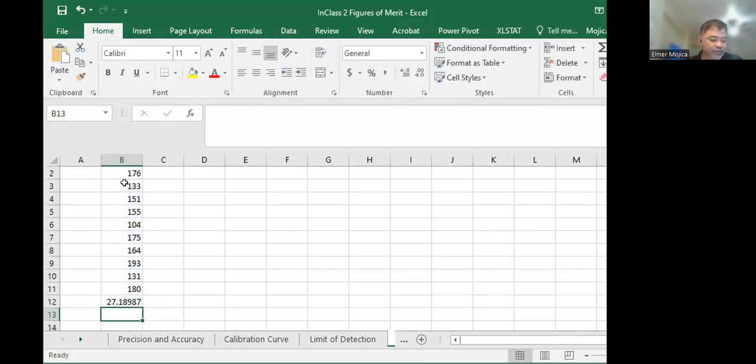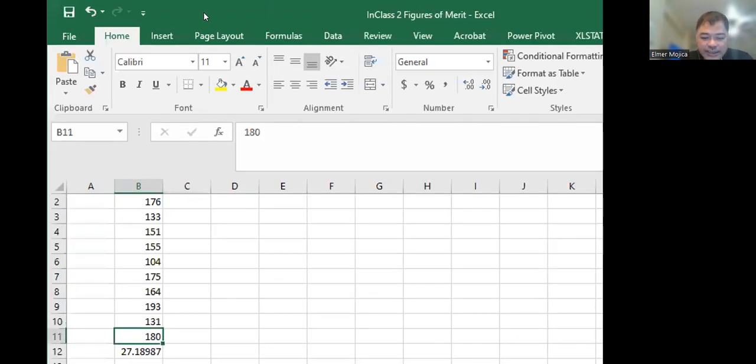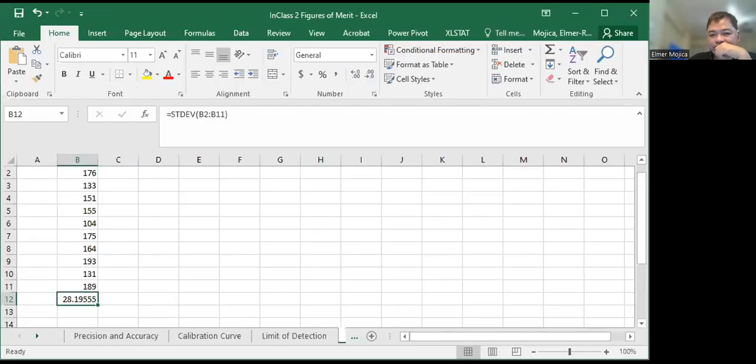We have around 27, but I think I made a mistake. That is not the right value. 176, 133, 151, 155, 104, 175, 164, 193, 131, and 189. That is where I made the mistake. So I have 28.19 or 28.2. That is our standard deviation here.